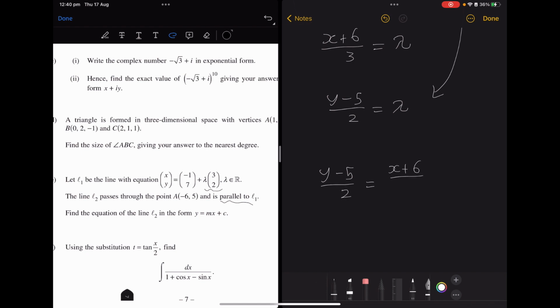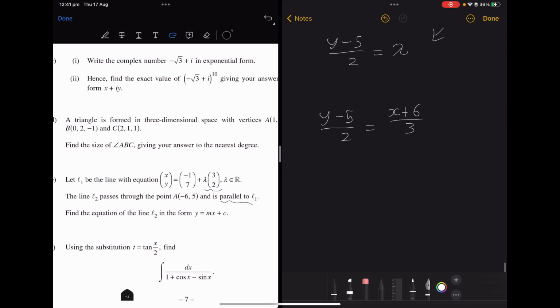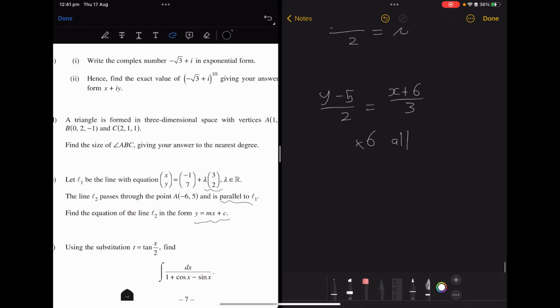Now we just make this into the form y = mx + c. So first, to make both sides nicer, I'm just going to times everything by 6. So times 6 to all of the terms.